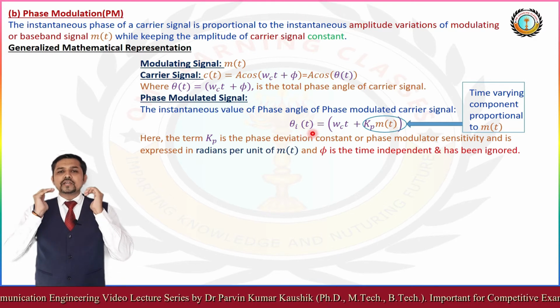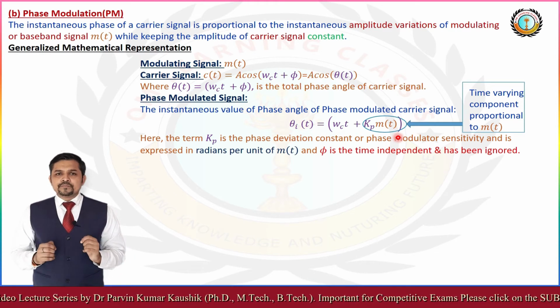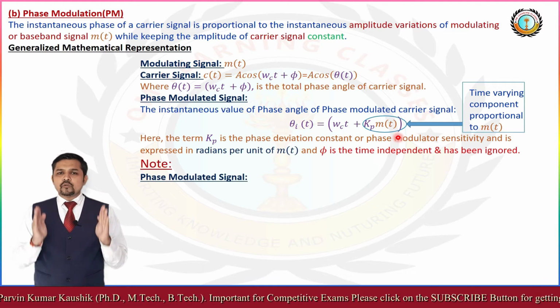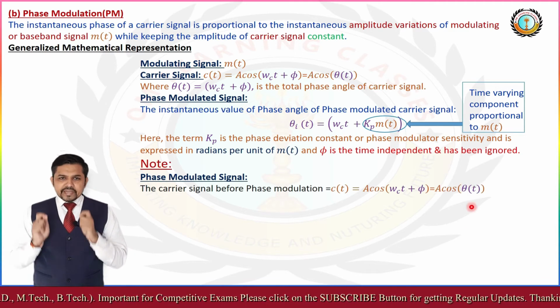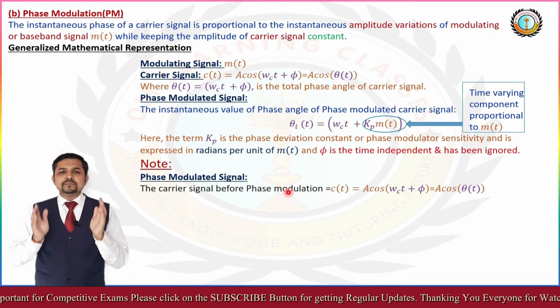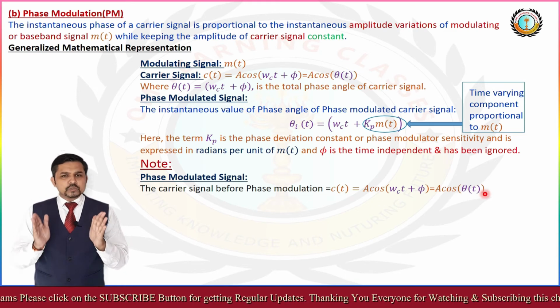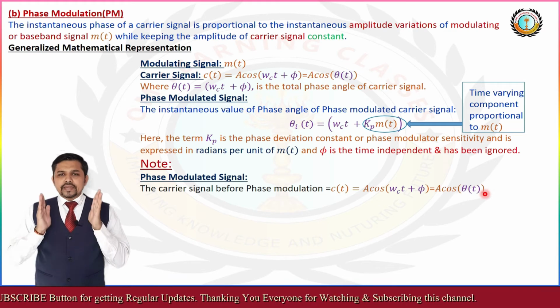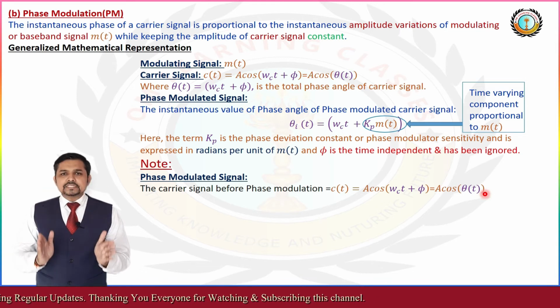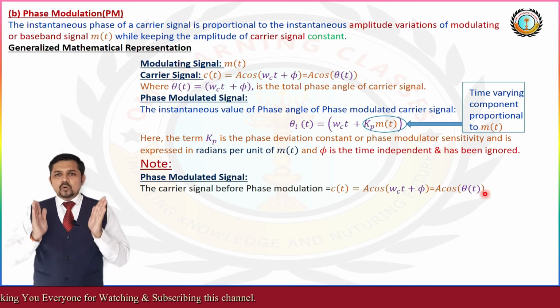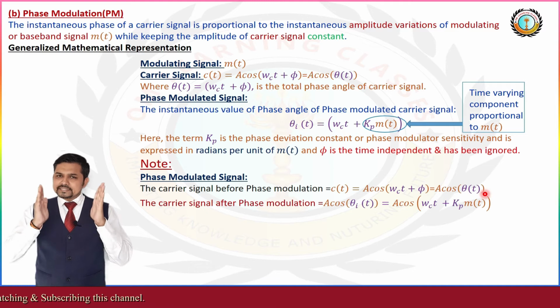So if we go for the important outcome regarding the basic fundamental of phase modulation, then we have the carrier signal before phase modulation, that is equal to c(t), and that is equal to A cos(omega_c t plus phi), and omega_c t plus phi is your theta(t).